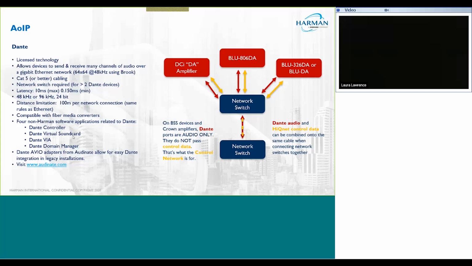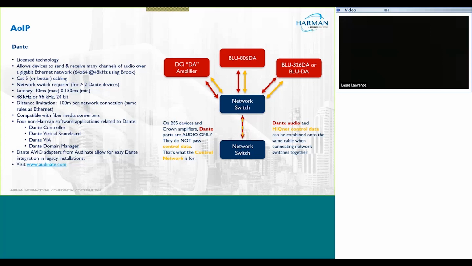Same thing for Dante Via. Dante Via is a little different than Dante Virtual Sound Card. It allows me to take any app on my computer and make that application its own source that shows up in Dante Controller. So maybe if I install Dante Via, I can assign title music to Dante Via.